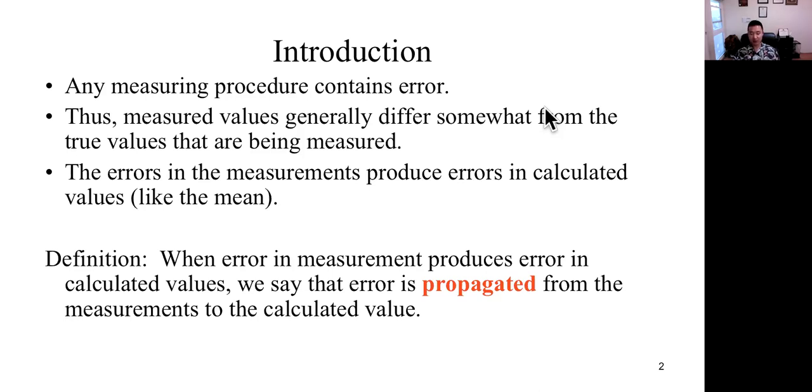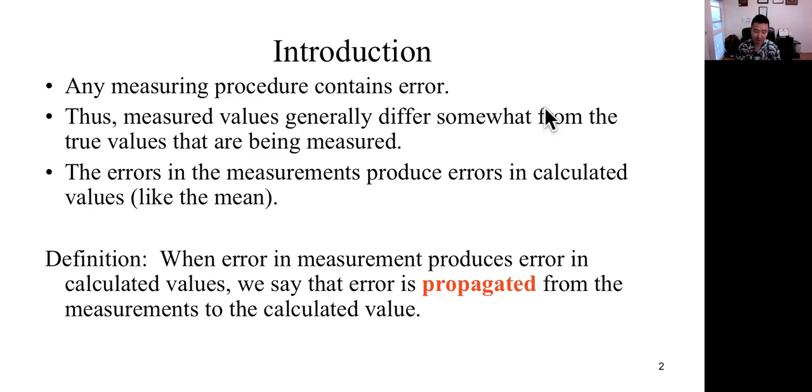Error in the measurement will in turn produce errors in the calculated values. For example, if we take 5 measurements of the weight of the concrete block, the mean value of these 5 measurements will have an error in the calculated mean value.